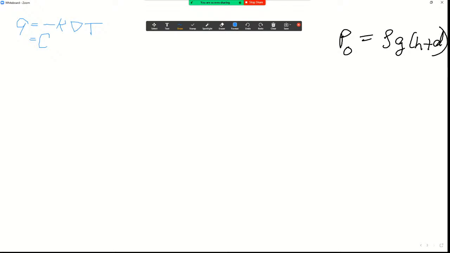Here rho is rho of water. What is it given? Rho naught. But at pressure at infinity there is a crust layer, so I guess it will be tricky.